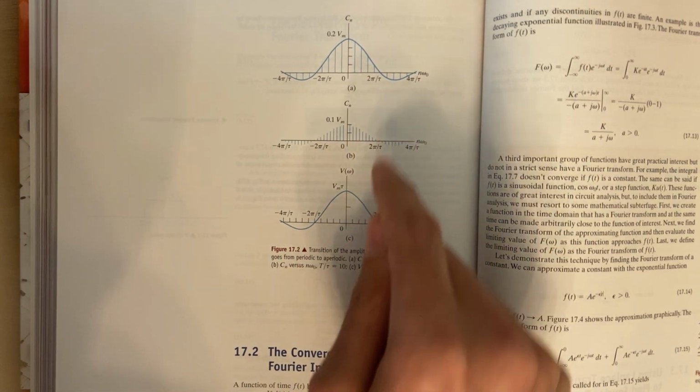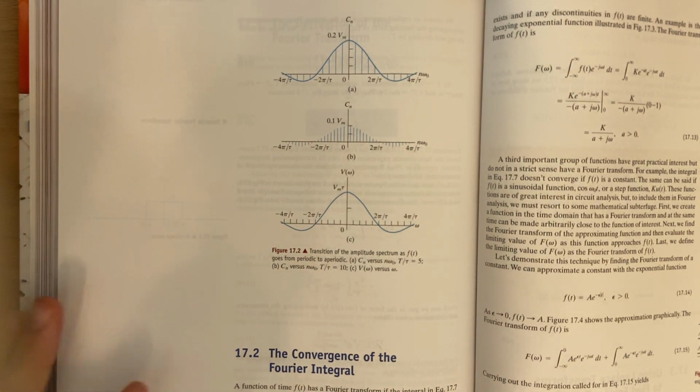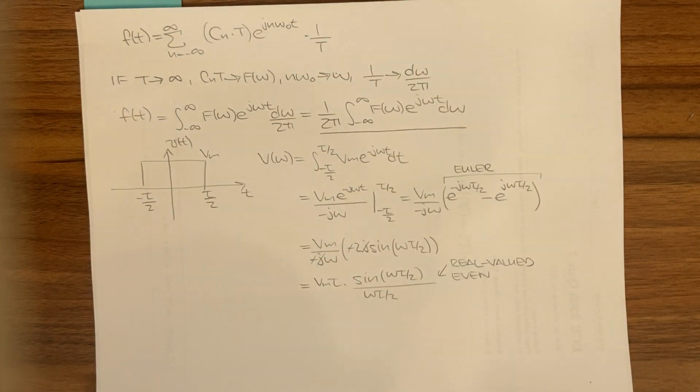So we can see there's a huge relationship between the complex exponential Fourier series and the continuous Fourier transform. That's kind of cool. Let me set my book over here.